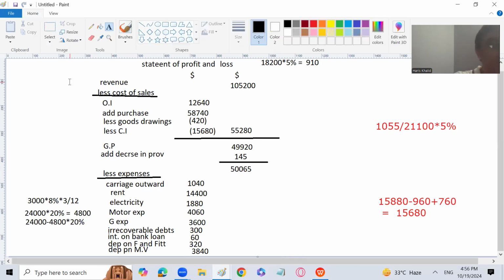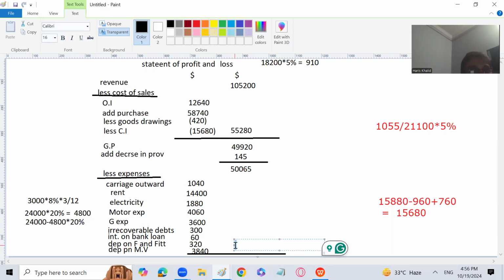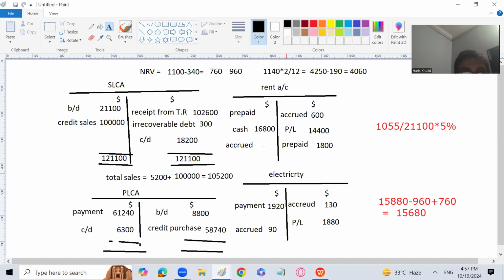Now I'm going for the total of these expenses, and the total will be subtracted to find the profit for the year, or whatever you want to call it. That is going to be the profit which needs to be calculated by going for a solution. So let me see if we have done all things correct.